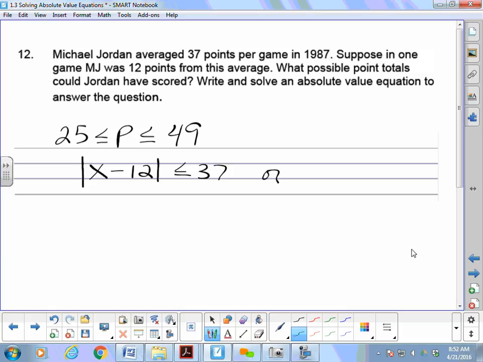Or would my inequality look like this? Which one would be the correct inequality? The one on your left hand or the one on your right? Okay, raise that hand for which one you think it is.